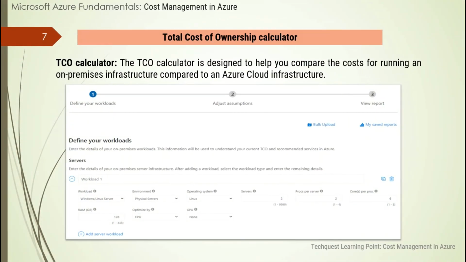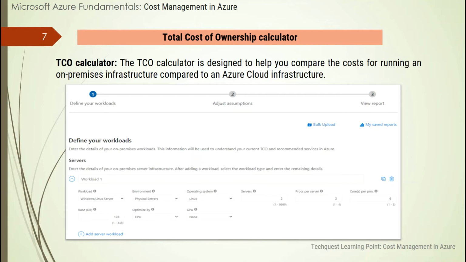TCO calculator. The TCO calculator is designed to help you compare the cost for running an on-premises infrastructure compared to an Azure cloud infrastructure. With the TCO calculator, you enter your current infrastructure configuration, including servers, databases, storage, and outbound network traffic. The TCO calculator then compares the anticipated cost for your current environment with an Azure environment supporting the same infrastructure requirements.